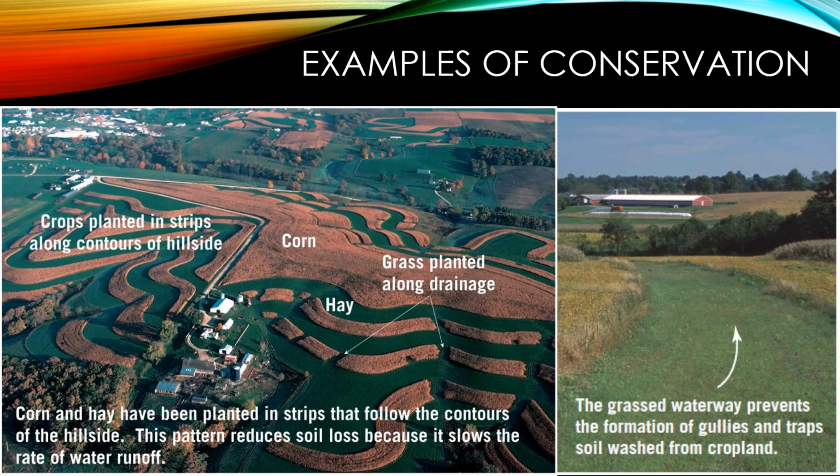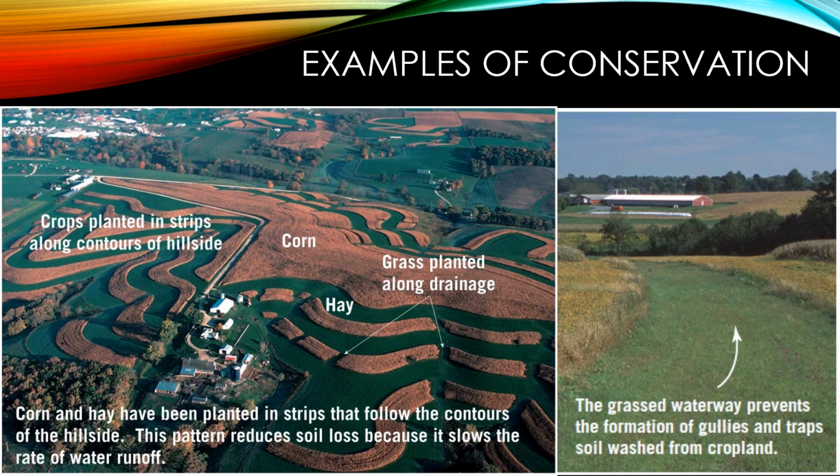You can see strips in the hillside of agricultural plots, and then just grasses in between those agricultural plots. The grasses you can see are perpendicular to the angle of the slope.